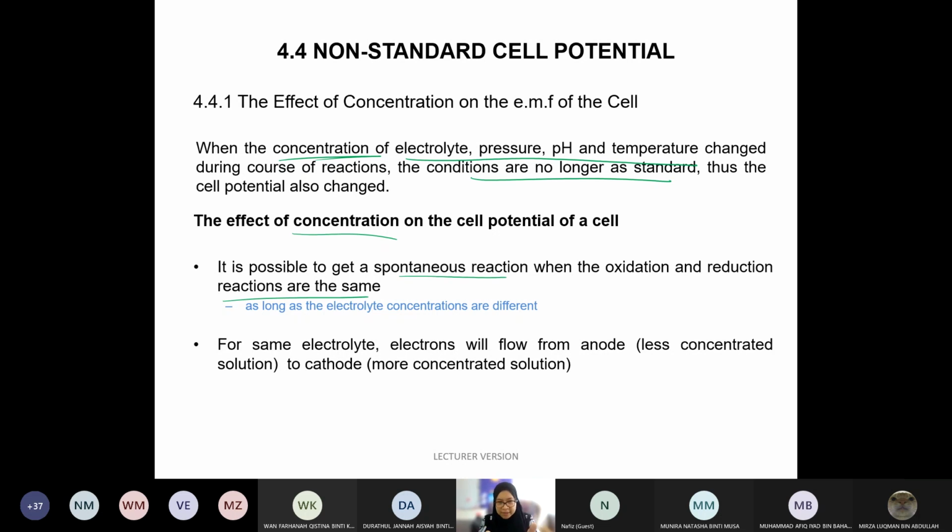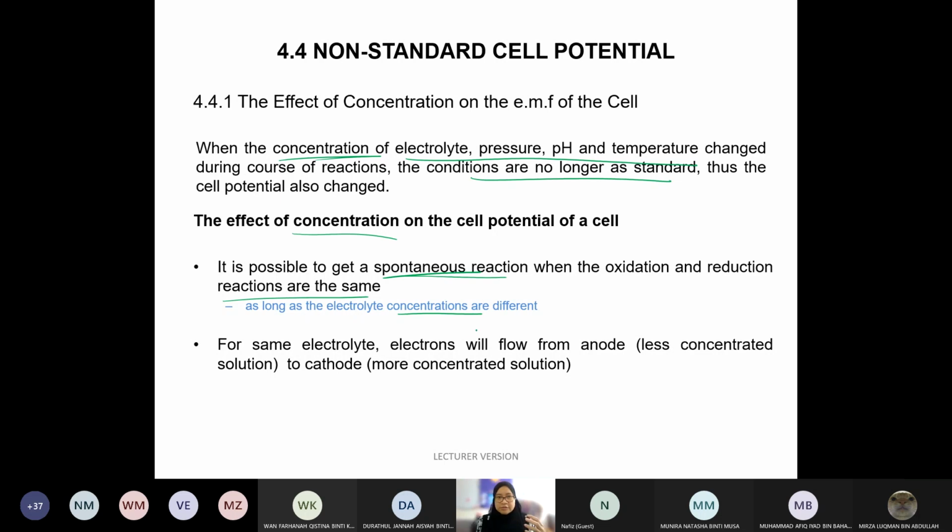But what it meant by this statement adalah bila in one cell it is copper, the other cell is also copper. Itu maksudnya reactions are the same. So the reaction can still be spontaneous as long as the concentrations are different.